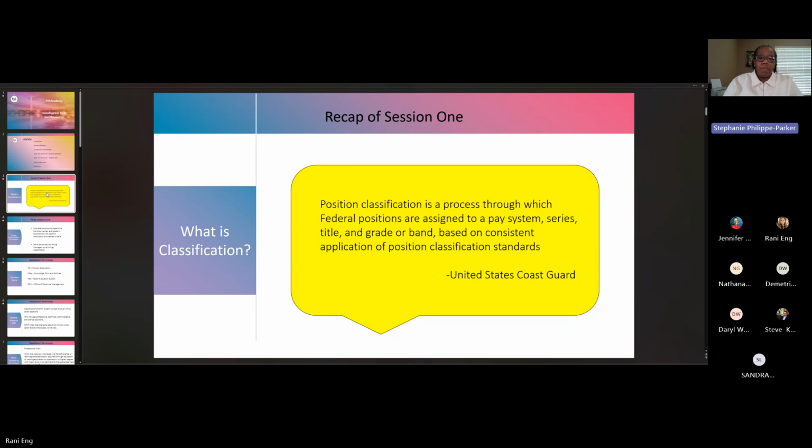Again, you will find this definition is fairly consistent across all federal agencies. It's essentially the process by which classifiers determine what a position is. What pay plan does it belong to? What series does it belong to? What series does it qualify for? And then determining the grade or band according to the classification standards. Next slide, please.